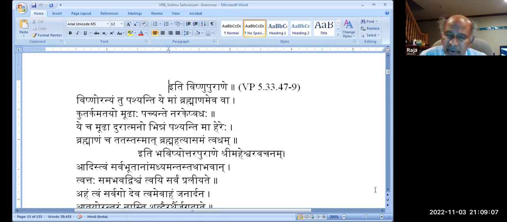And in Udyoga Parvam, there is a beautiful part which is more Vedantic than the Gita. I started writing a commentary for that, but I gave up because it's so complex.